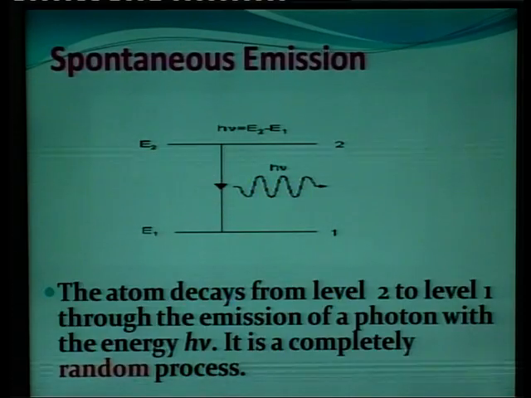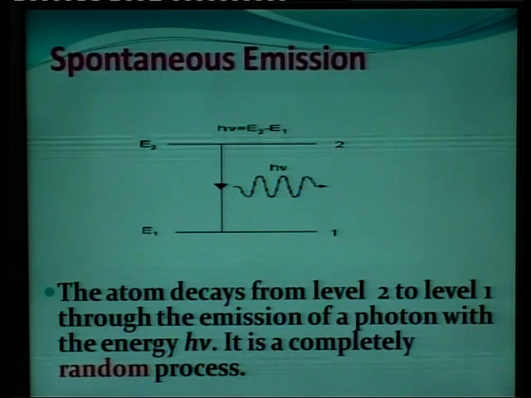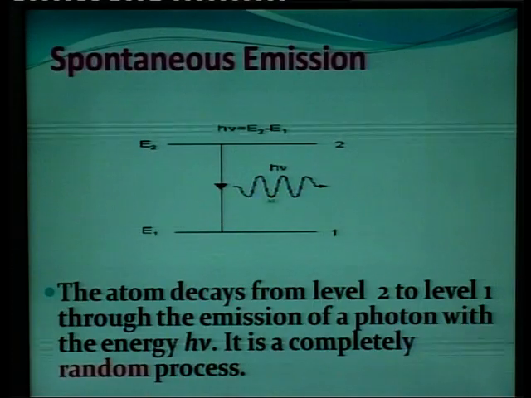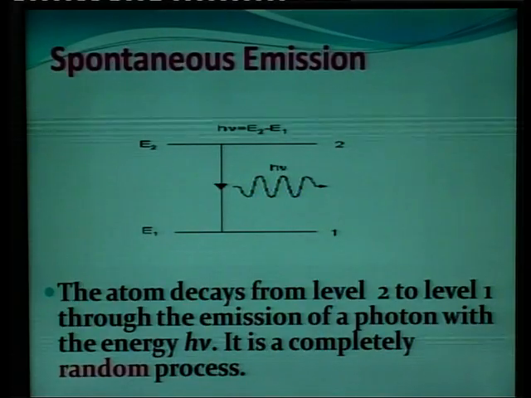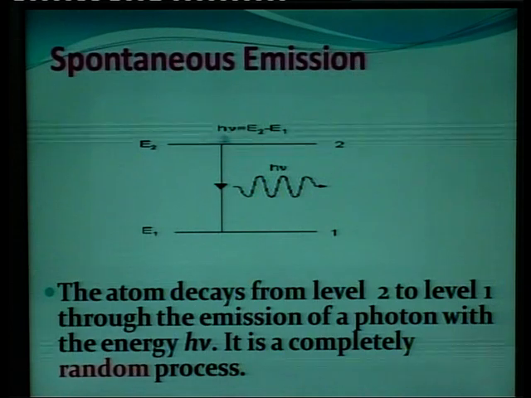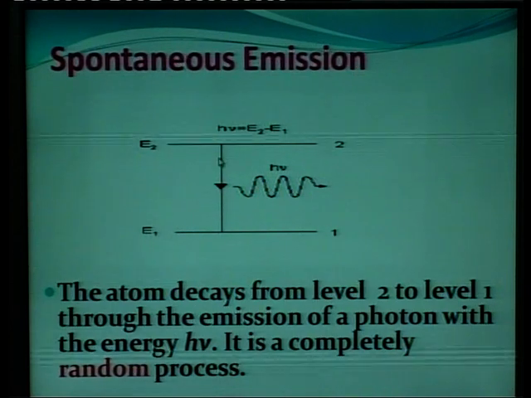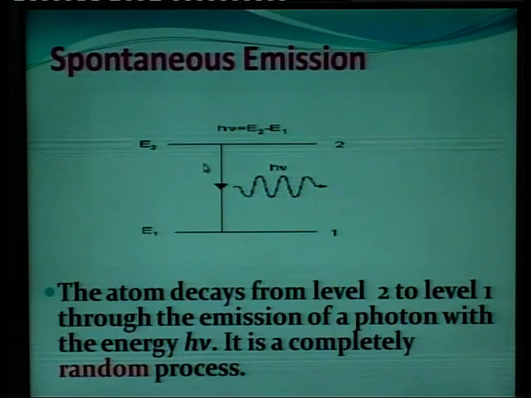So it has to come down to its ground level. So when it jumps to ground level, the excess energy, जो energy है, is released in the form of a photon. So it is completely a random process, it has to happen. Why? Because the atom or the electron cannot stay in its excited state for more than 10 raised to the power minus 8 second. So this was spontaneous emission.